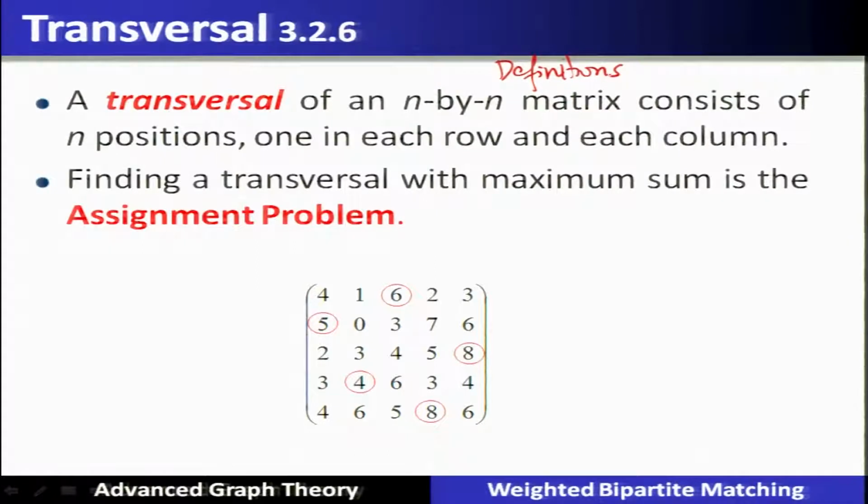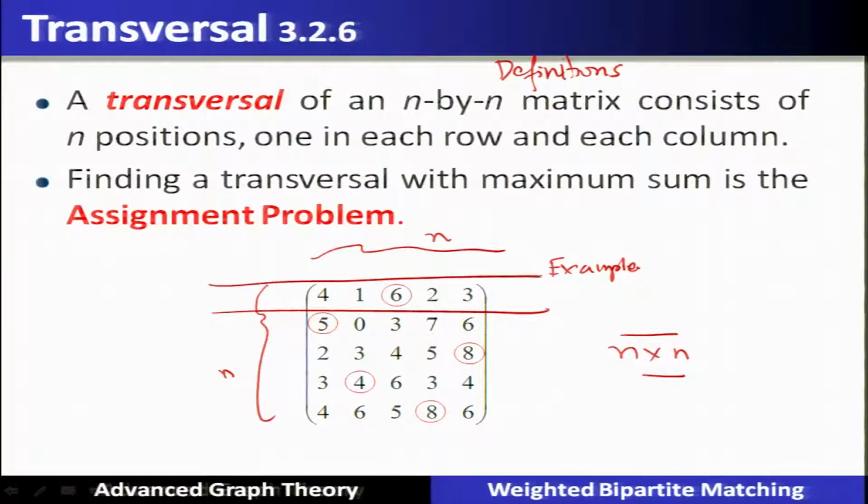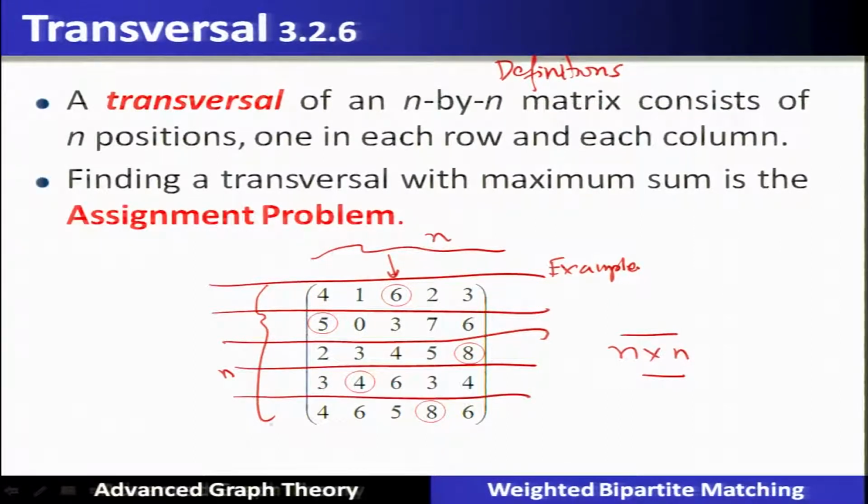A transversal of an n by n matrix consists of n positions, one in each row and one in each column. So, an n by n matrix is called a transversal if we can identify n positions. That means, let us say in this example, in every row there is only one particular element selected, in this row also there is one element selected, in this row also one element, and so on.